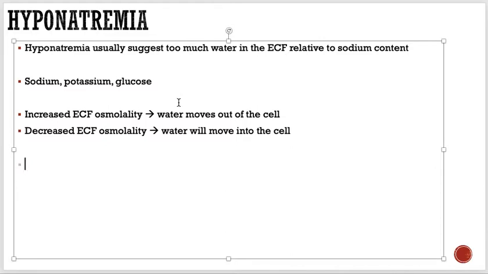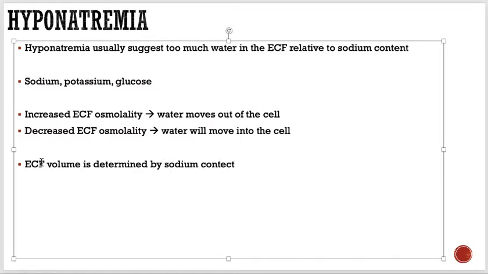One thing to remember, guys: sodium is the main ion of the ECF, and potassium is the main electrolyte of the ICF, or intracellular fluid. That's why the extracellular fluid volume is determined by sodium content.